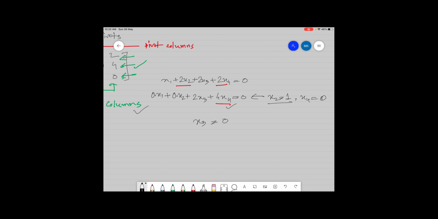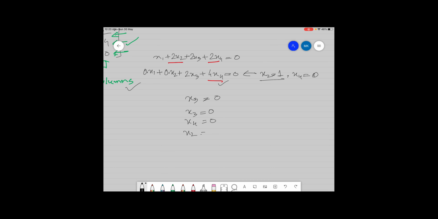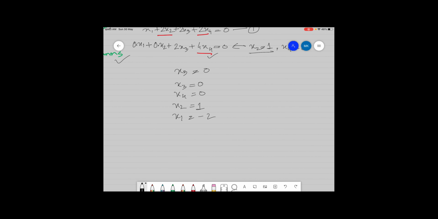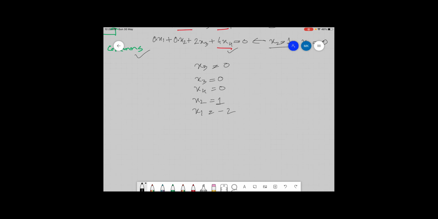If x3 equals 0, x4 equals 0, x2 equals 1, then from the first equation we get x1 equals minus 2. So this is our one solution: x equals minus 2, 1, 0, 0.